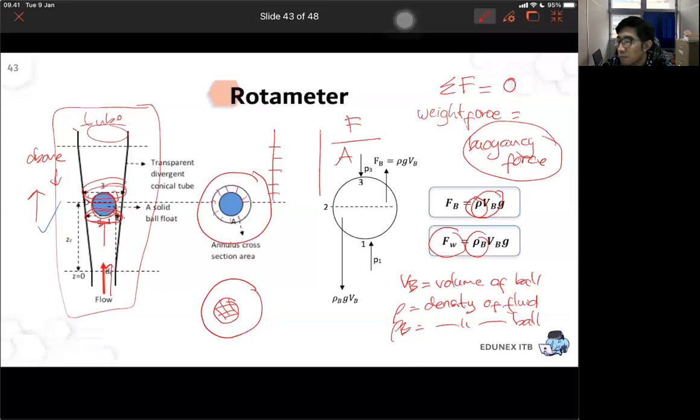Because it's like half part of the ball. Yes, sir. That's why the calculation is a bit complex. And if you analyze like this height and this one, area will be different, right? And also the area of the remaining space between the ball and the tube, for example, this one, will also be different.